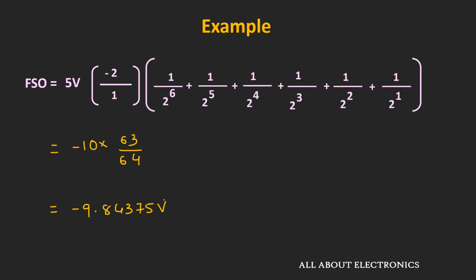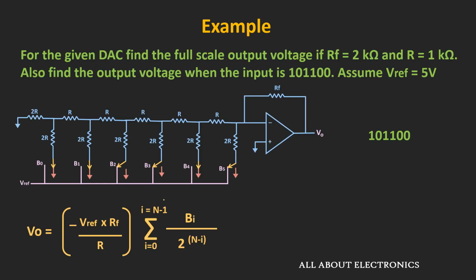Now let us find out the output corresponding to this code. So if you observe over here, only 3 bits are 1, that is B5, B3 and B2. So the output voltage Vout will be equal to minus 5 times 2 by 1 multiplied by 1 divided by 2 to the power 1 plus 1 divided by 2 to the power 3 plus 1 divided by 2 to the power 4.